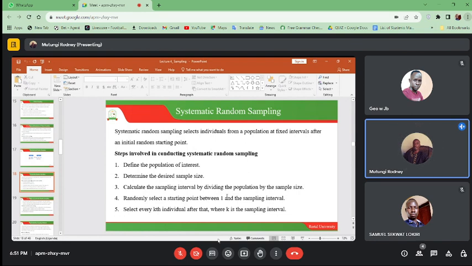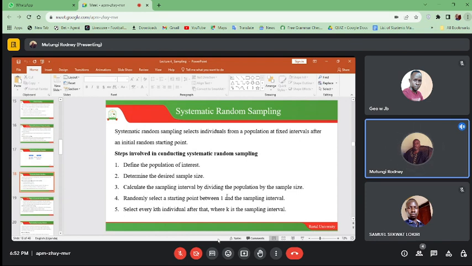The whole bottom line here is that you have those fixed intervals, and in this case we have used an interval of 10, which we have arrived at by dividing the entire population by the sample size. Then, like we are saying, you keep on selecting the 10th individual after that, in our case, until you arrive at your sample size.